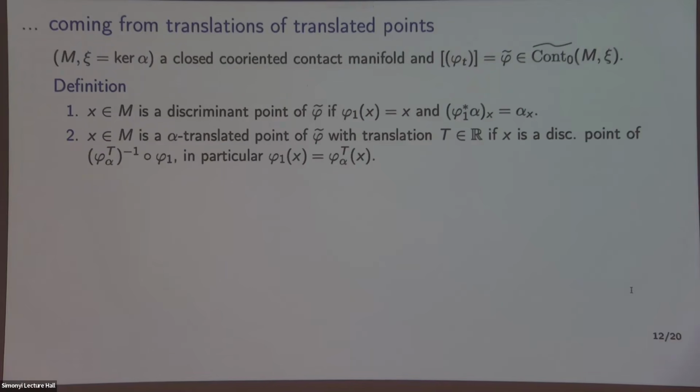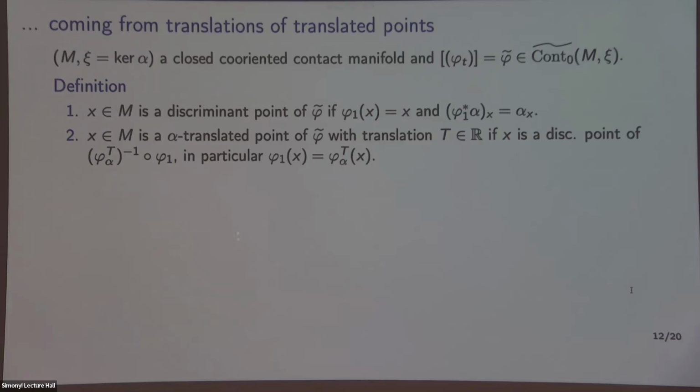Then the notion of translated point does depend on the Reeb vector field, so on the one form alpha. A point X will be said to be a translated point of phi tilde with translation T if X is a discriminant point of the Reeb flow at time minus T composed with phi 1.